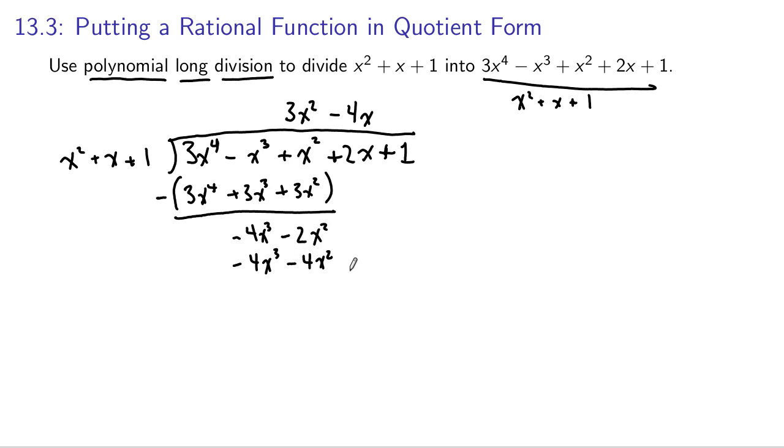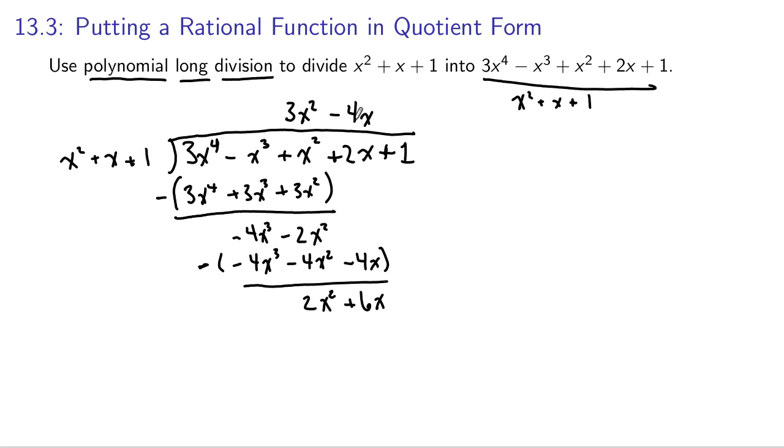Minus 4x times 1 is minus 4x. Subtracting everything, minus 4x cubed minus minus 4x cubed, of course, is 0. Minus 2x squared, basically plus 4x squared, is going to give us plus 2x squared. And we have 2x plus 4x gives us 6x.